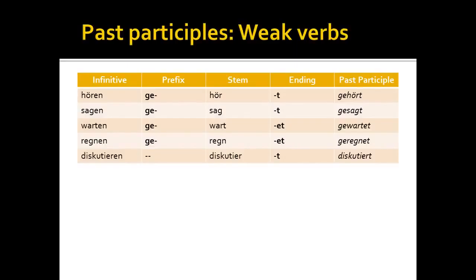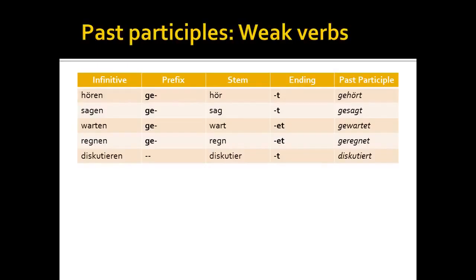You'll notice also that with verbs like diskutieren and fotografieren, any verb that has ieren in the root, we don't add a GE prefix. So if you need a quick review of that, go ahead and take a look at the video on how to form the present perfect tense using weak verbs.